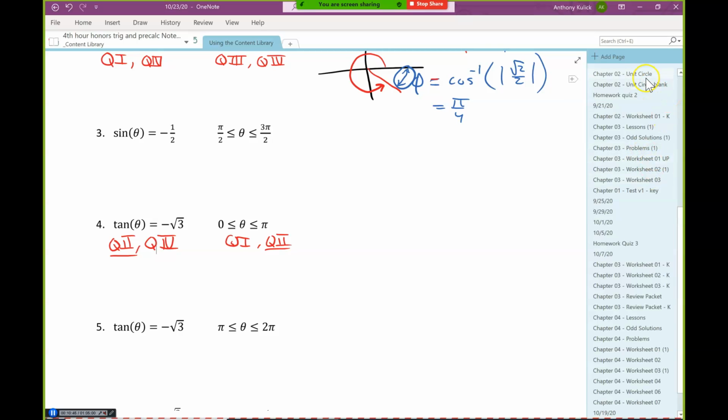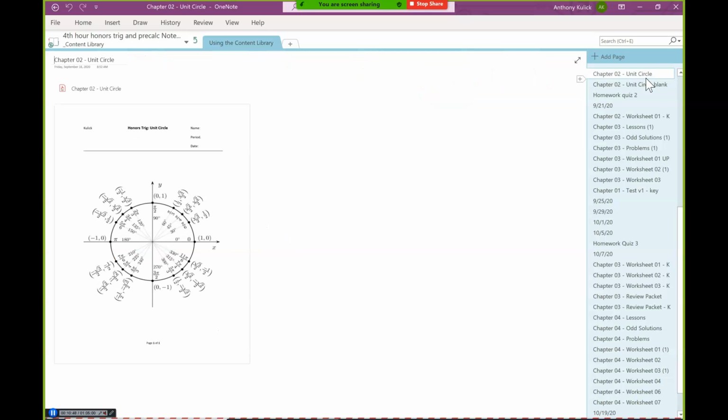So I'm looking for the place where the y coordinate has a square root of 3 in it, and the x coordinate is, in this case, negative. So I have positive root 3 over negative 1. Notice that the denominators are both 2, so the like denominators of 2 cancel out. So this is my location, which is 2 pi over 3. Okay? So that's a perfectly reasonable way of doing it.